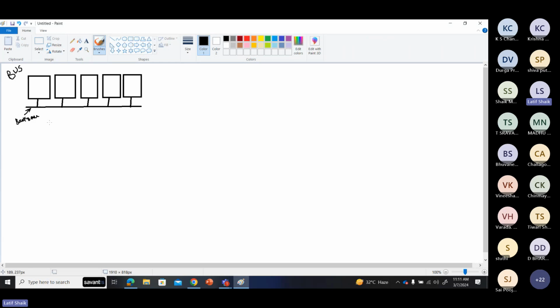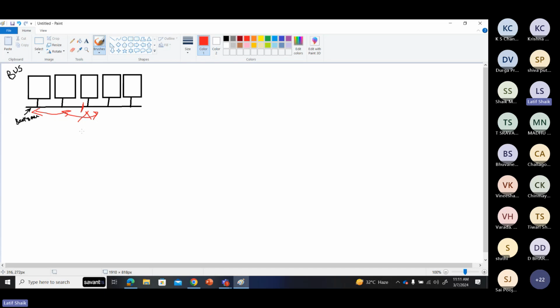It is very easy to install and configure. But it is a little difficult to troubleshoot. For example, if somewhere the backbone cable is disconnected, communication will continue between the devices on one side, but from this side to the other, there is no communication.